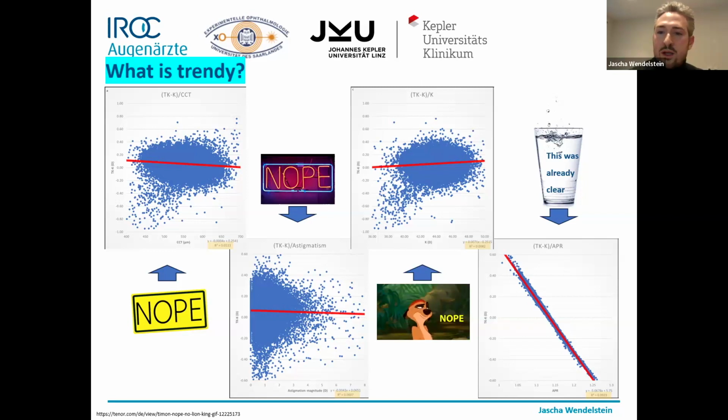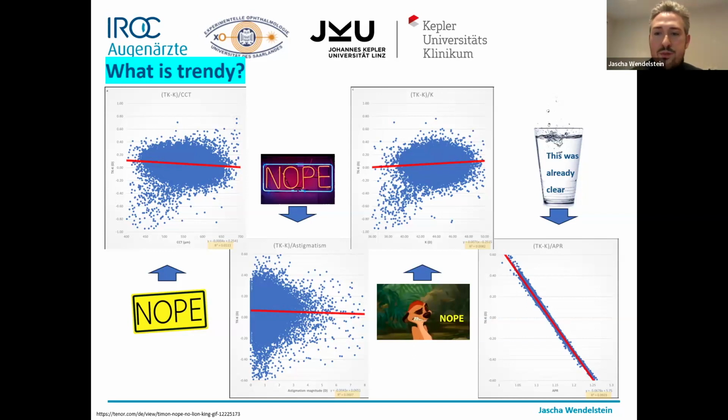If we plot it against the magnitude of K, or the K values in diopters, we were also not able to find any differences. But that was clear, because TK values use the anterior to posterior radius. Obviously, we could find a clear trend regarding the difference between TK minus K and the anterior posterior radius ratio.